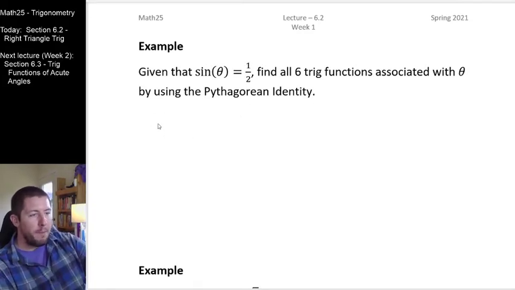So what I know from the Pythagorean identity is that sine squared theta plus cosine squared theta is 1/2. Right? I know the value of sine, right? So it looks like I'm going to be getting 1/2 squared plus cosine squared of theta equals 1/2. Right?